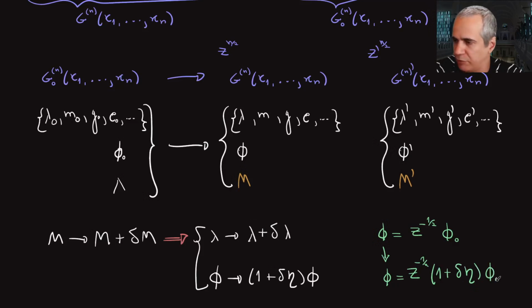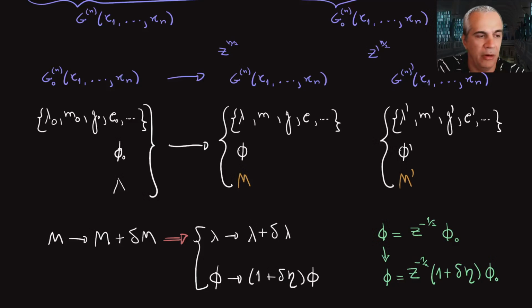So you see, instead of defining a delta Z, I'm calling this delta eta, but I could get delta Z from here if I wanted. I just have to write delta Z in terms of delta eta. But this is more practical for us right now.